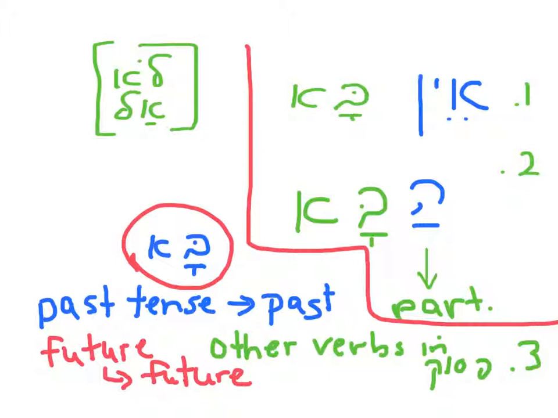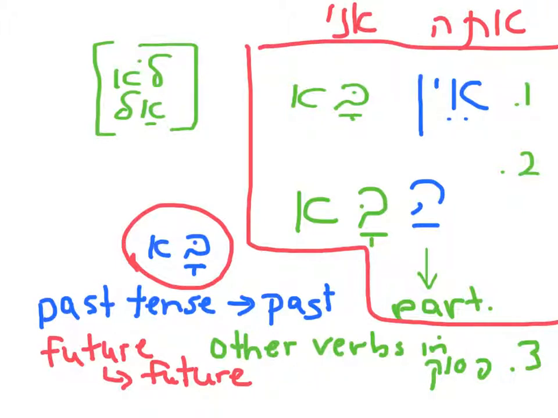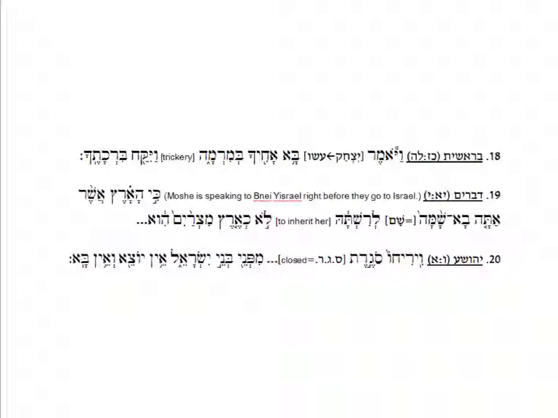First I would look for an ata, an ani, like ani ba, anochi ba, ata ba. Then I'd look for ain ba, haba, and when all else fails, I have this last clue: the other verbs in the pasuk, to figure out if it's a participle or if it's past tense. Let's see this in action.